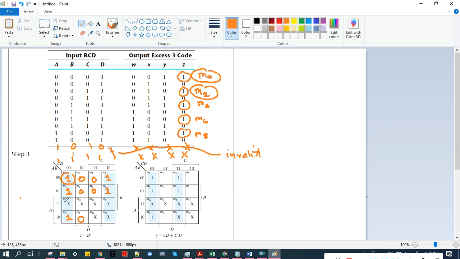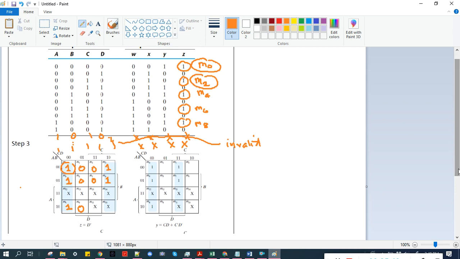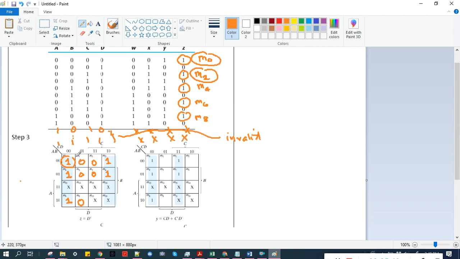We don't care. So how are we going to simplify? Our only concern is all those with number 1. We need to cover all with number 1.